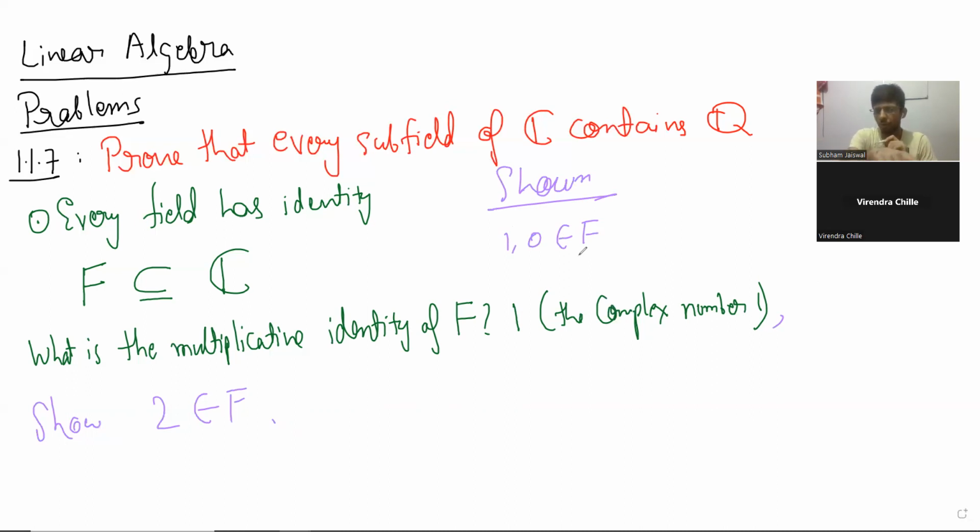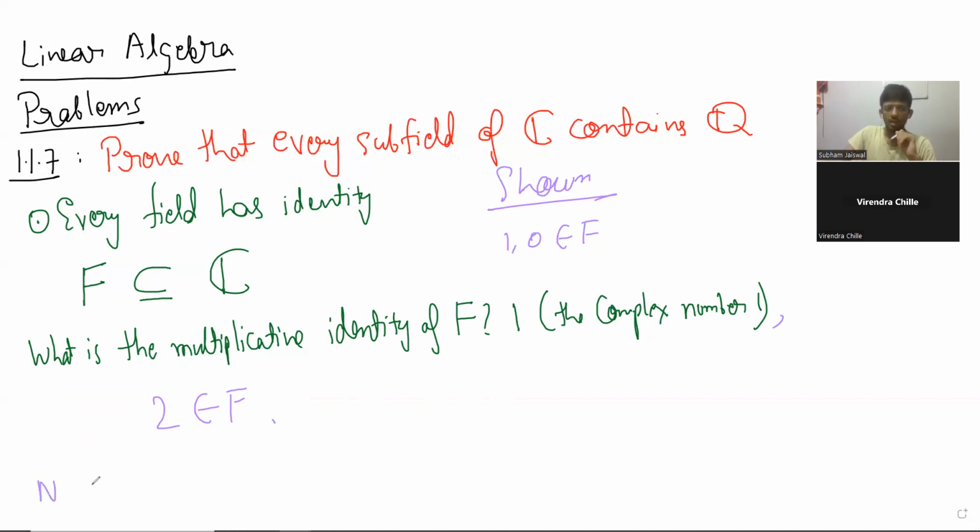Can you show me why 2 should be there in F? Just think, why should 2 be there in F? So 1 plus 1 equal to 2. Correct. Because 1 is there, so 1 plus 1 has to be there because the field is closed under addition, right? It's closed. Binary operation means that, right? It's closed. So 2 is there.